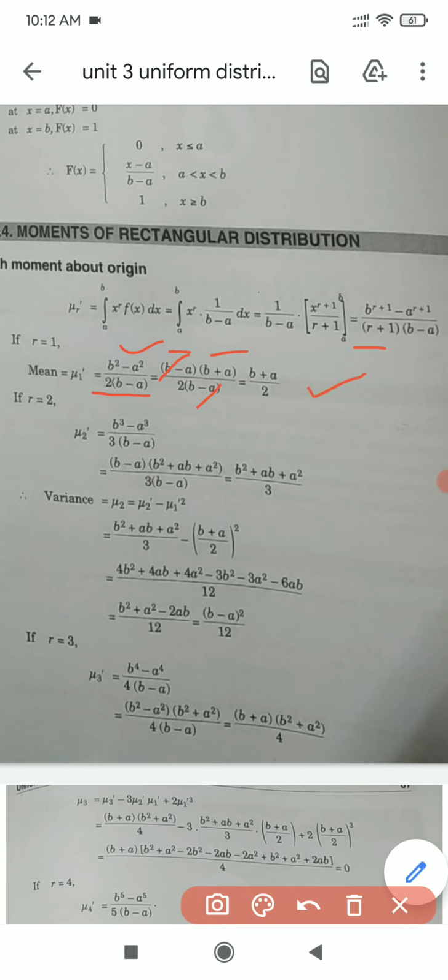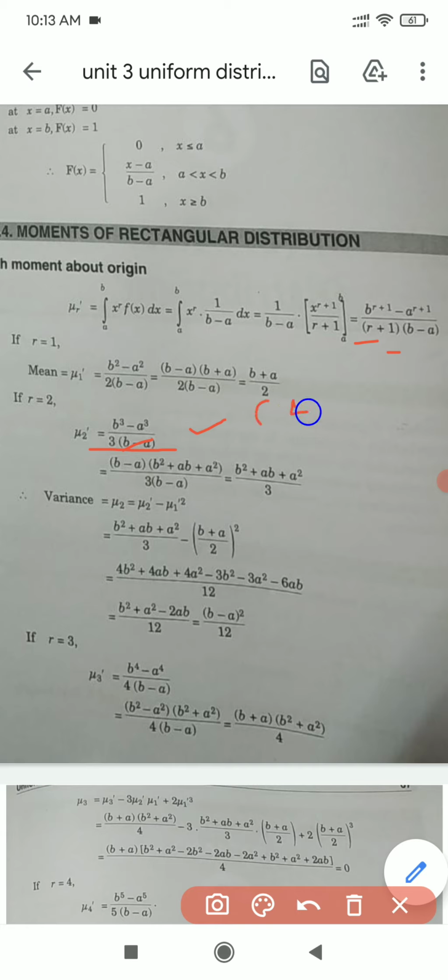Again if r is equal to 2, it will be b cube minus a cube. In place of r, students, here we are putting r is equal to 2. So b cube minus a cube will be there, divided by r plus 1, which is 2 plus 1, so it will be 3 into b minus a. What is b cube minus a cube, students?